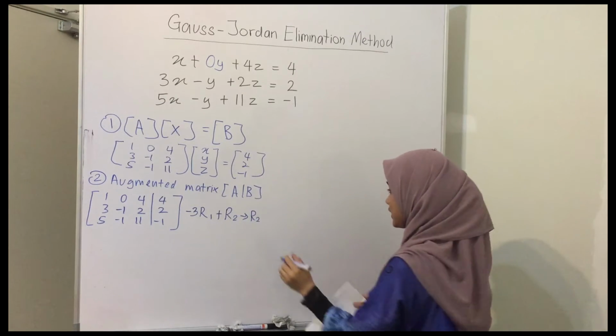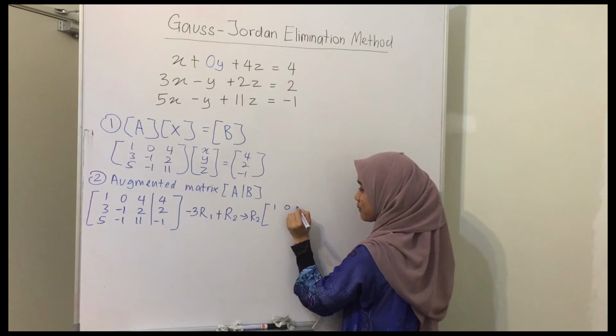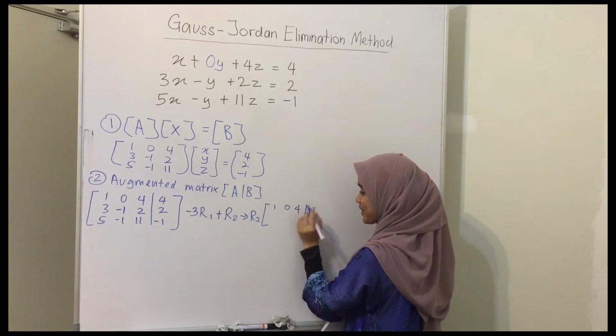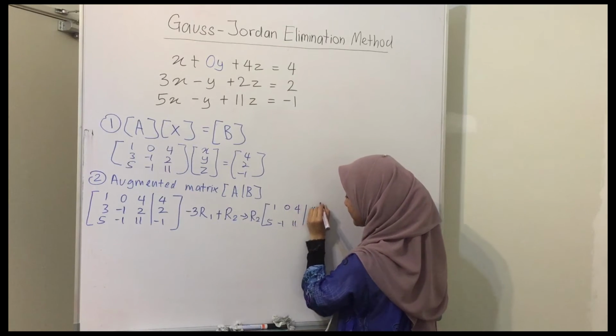So here we copy for row 2: 3, negative 1, 2.